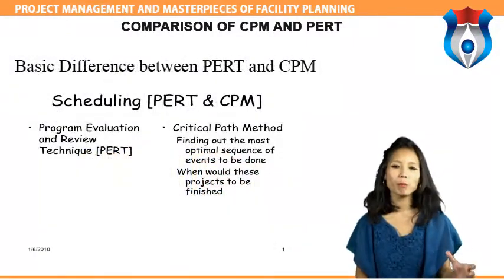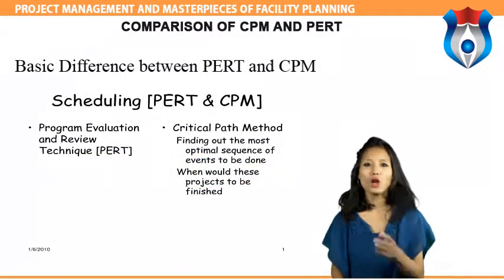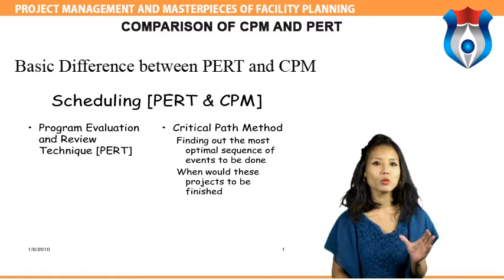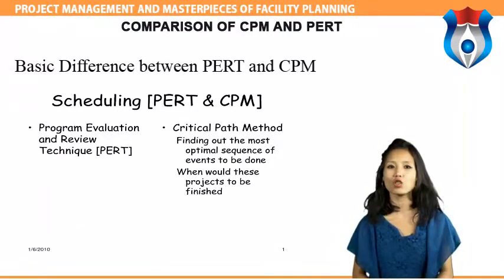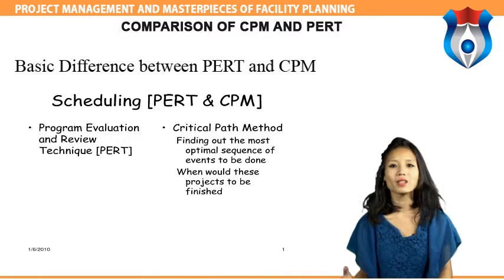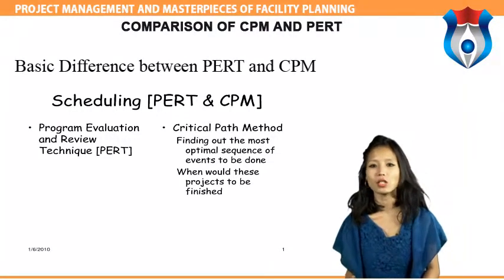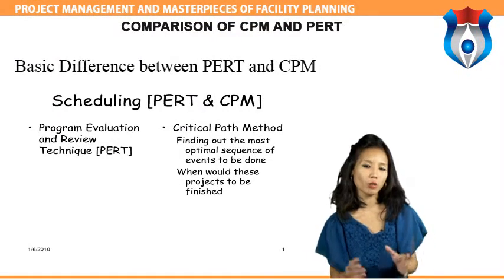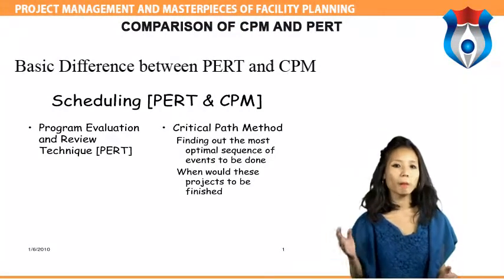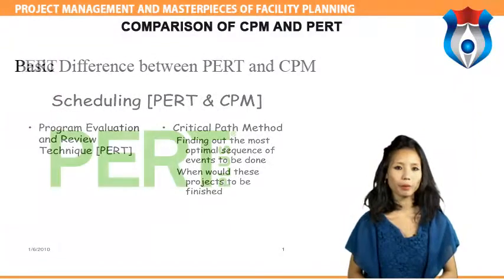Basic difference between PERT and CPM. Though there are no essential differences between PERT and CPM, as both of them share in common the determination of a critical path, both are based on the network representation of activities and the scheduling that determines the most critical activities to be controlled so as to meet the completion date of the project.